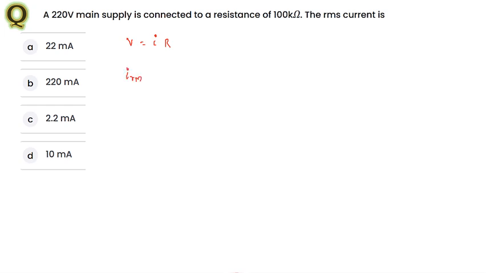So I RMS will be equal to V divided by R. V is 220 volt, divided by R, which is 100 kilo ohm. Kilo means 10 power 3 ohm. If you cancel, 22 divided by 10 is 2.2 into 10 power minus 3 ampere. So you are going to have 2.2 milliampere. So the answer in this case is 2.2 milliampere.